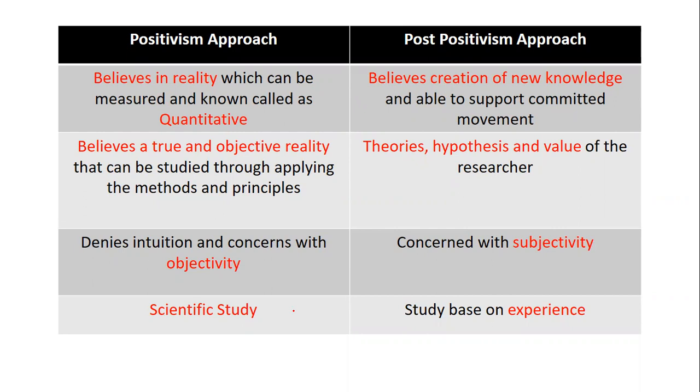It believes in a reality which can be measured, and it is known as the quantitative approach, whereas post-positivism believes in the creation of new knowledge. This can come out of the theories, hypotheses, and values of the researcher, whereas positivism believes in a true and objective reality, which can be studied through various methods and principles.